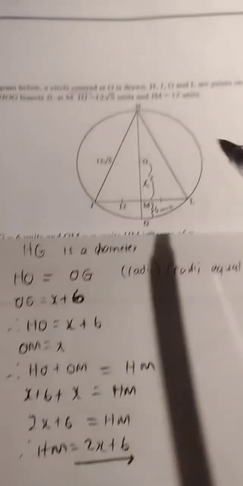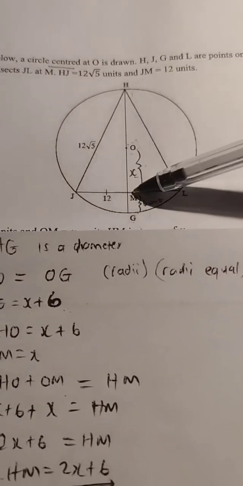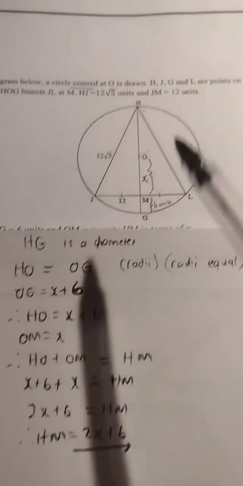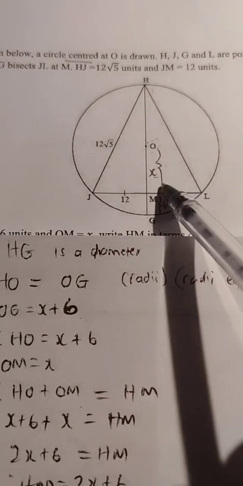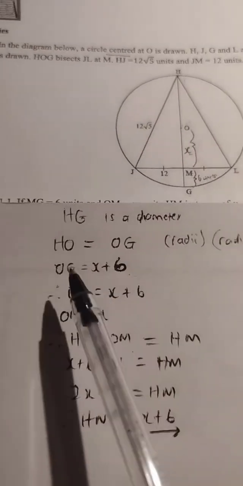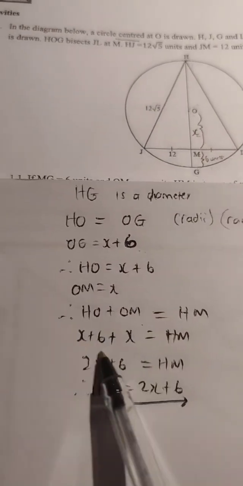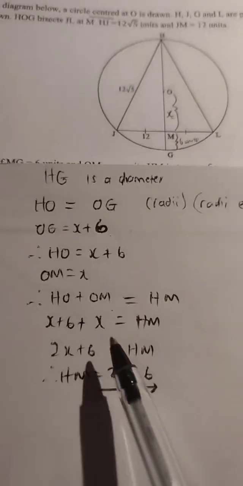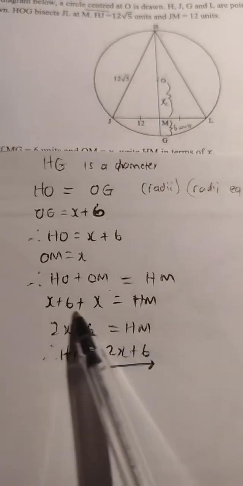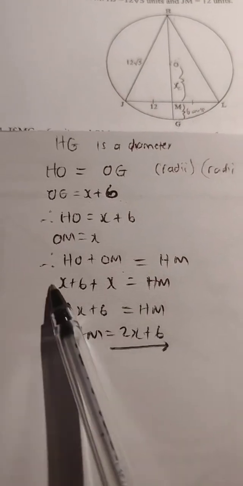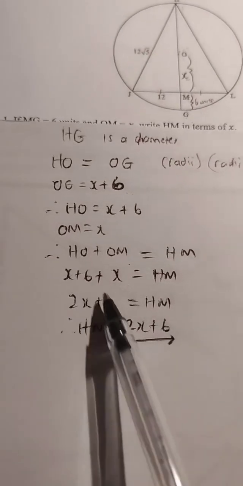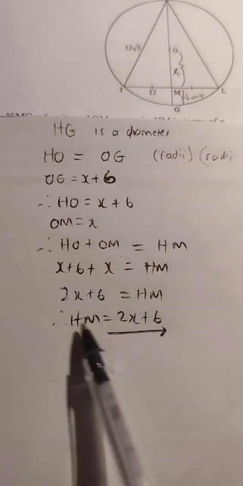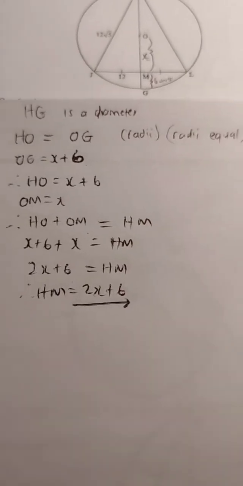So since that is the case, the entire HM will be equal to HO plus OM. HO I already know is X plus 6. So we add it to OM, which is X. Then we add the like terms. X plus X is 2X plus the 6, which means HM is equal to 2X plus 6.